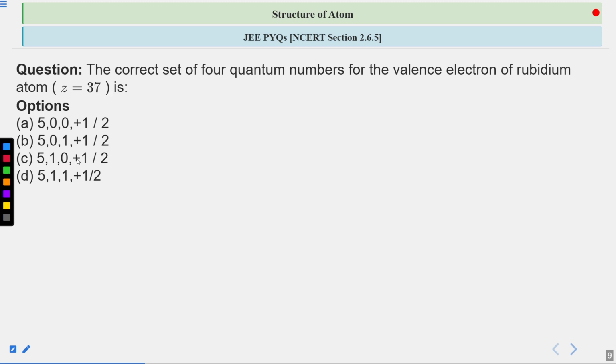The 4 options given are 5, 0, 0, plus half; 5, 0, 1, plus half; 5, 1, 0, plus half; or 5, 1, 1, plus half. You are given some time, try to solve it, and then we will see which option is the correct answer.